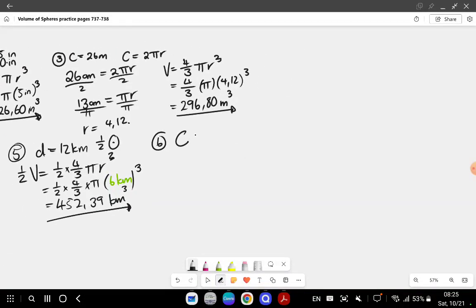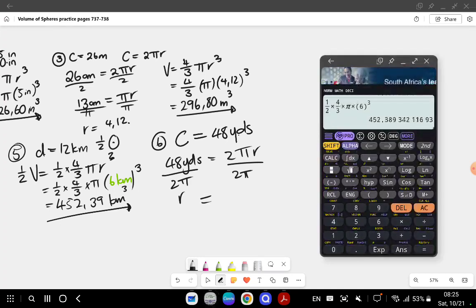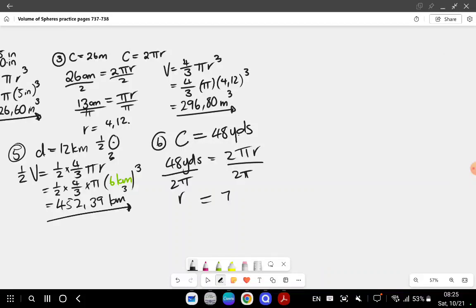Question number 6 says the circumference of a hemisphere is equal to 48 yards. Now I know that 48 yards must be equal to 2 pi r. Divide both sides by 2 pi. So my radius is going to be equal to 48 divided by 2 pi, 7.64.